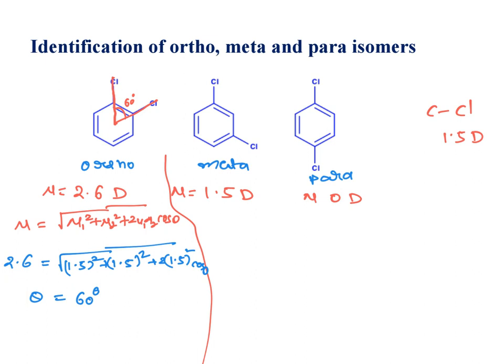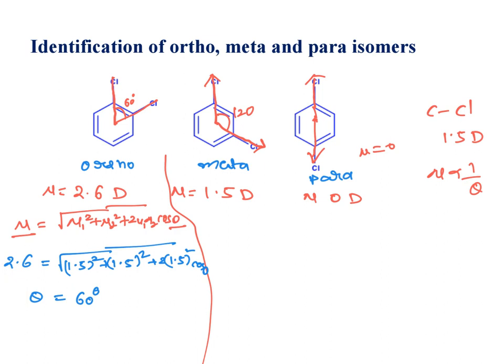And in the same way, when you do the calculation for meta, we get 120 degrees. It is oriented in this fashion, and that is why 1.5 D comes. And in para, these are oriented in completely opposite directions, so the net dipole moment mu is 0. Here the dipole moment and theta are inversely related, because theta 0 has value 1, and theta 90 has 0.